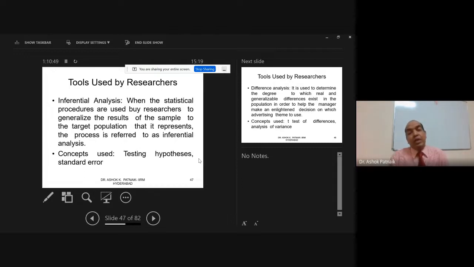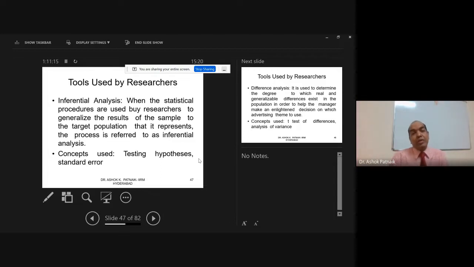Then inferential analysis, as I had already told you before, is when statistical procedures are used by the researcher to generalize the result. Here you take some sample and try to generalize the result to the population. Generally, descriptive studies are more related to the whole population, like studying an entire class, but here you take a sample.